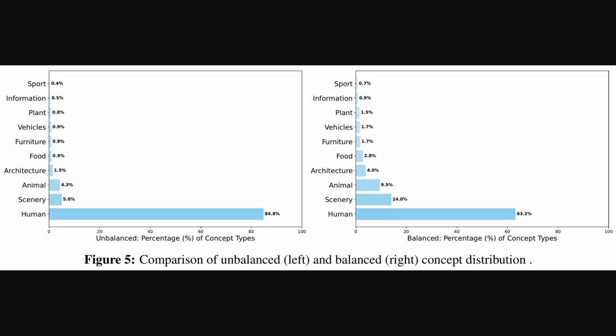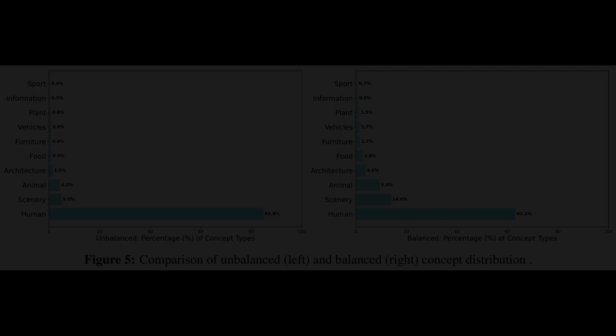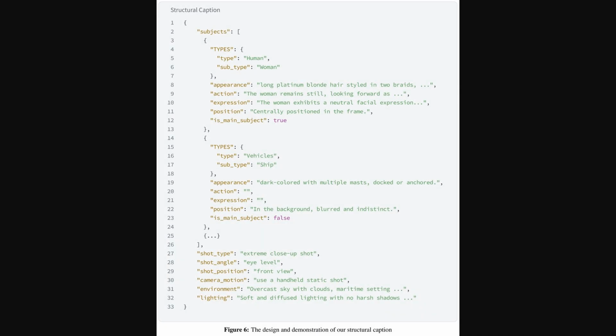Categories like scenery, animal, and architecture have noticeably larger percentages. This data balancing is key for making sure the AI learns to generate a wide variety of scenes, not just videos dominated by people.